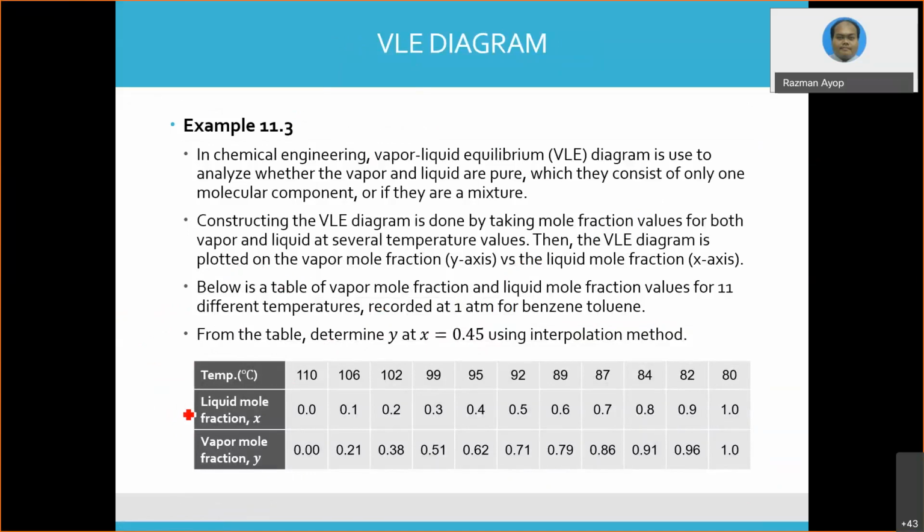So you have X, you have Y. You don't need to understand the problem too much, but you need to understand how to do the solution. So from the table, determine Y at X equals this value. So basically, you want to find what is the number here?